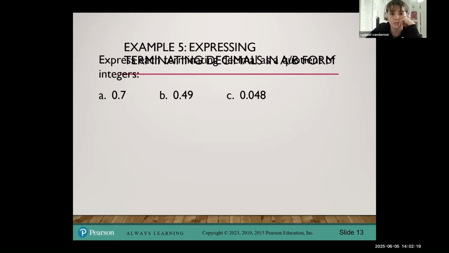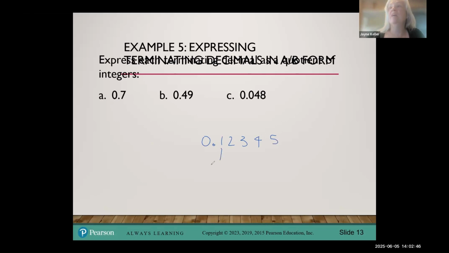So when you're going from a decimal to a fraction, what you want to first remember is that you're first going to look at how many places you have after the decimal. So notice here we have 1 place. So these are tenths.